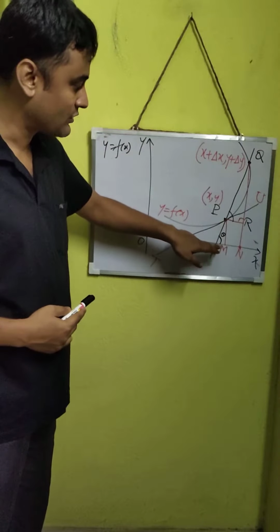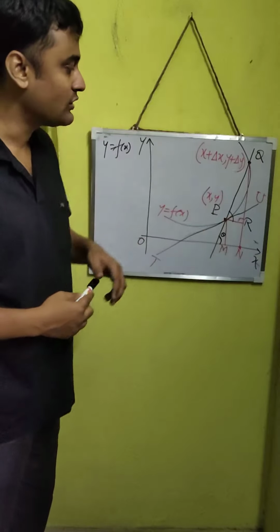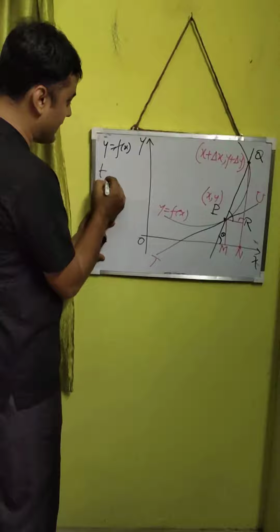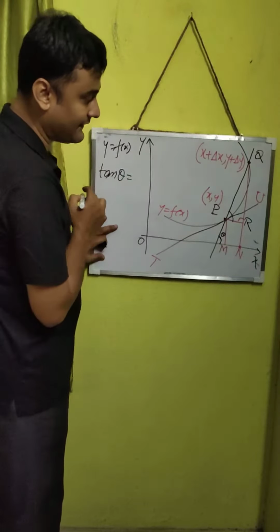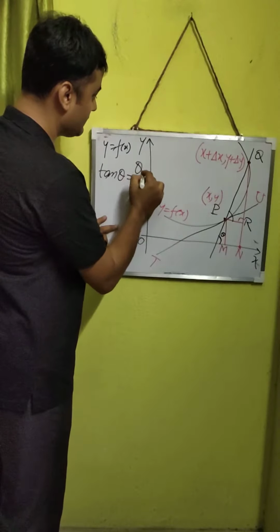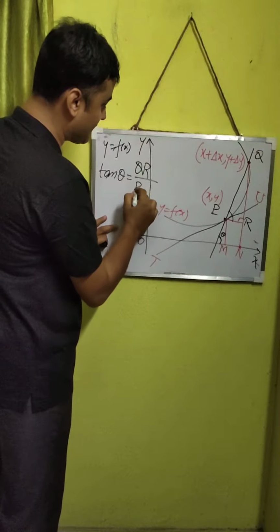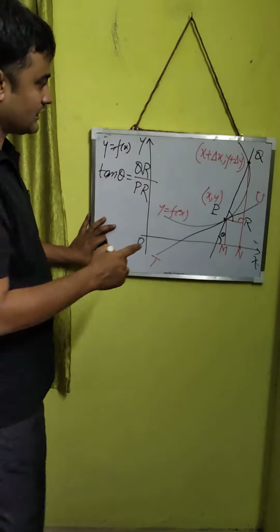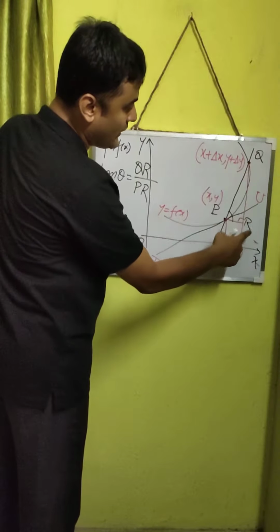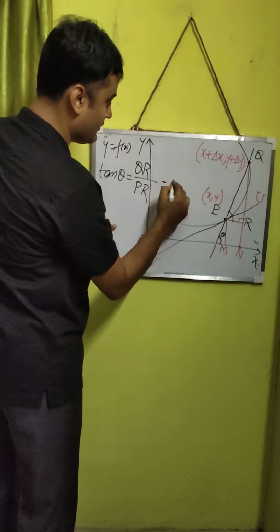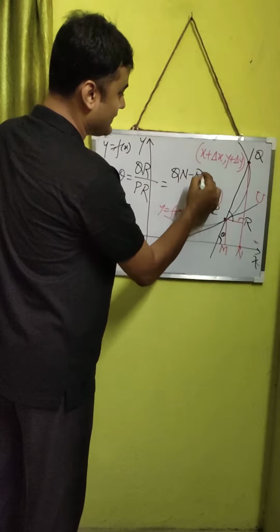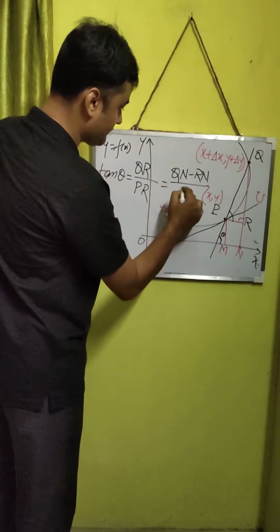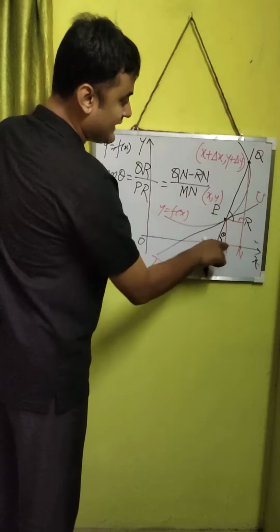A transversal and two parallel straight lines, so if this is theta then this angle is also theta. Now tan theta is given by QR by PR. What is QR? QN minus RN. And PR is MN.